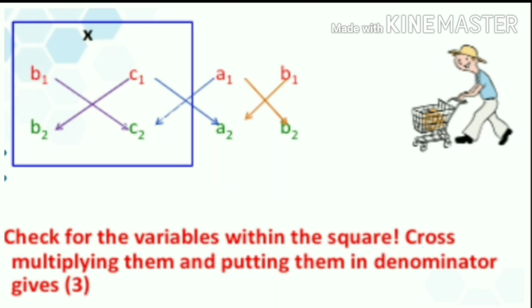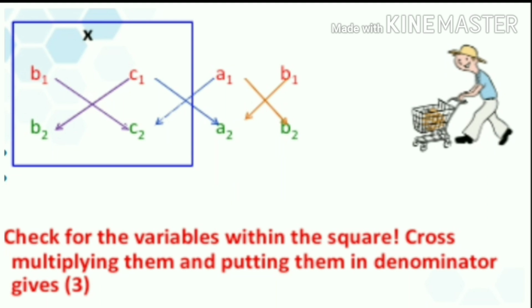See here, the same thing that I have told you. How we will use x, y and 1, I have told you. Then what format have you written? b1, b2, c1, c2, a1, a2 and b1, b2. So what have we done? x upon b1 c2 minus b2 c1.